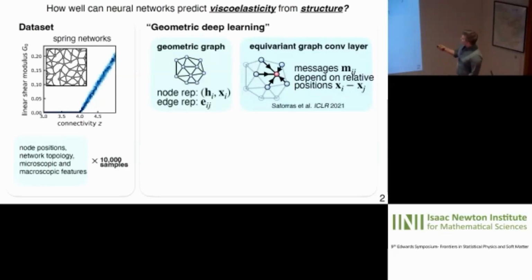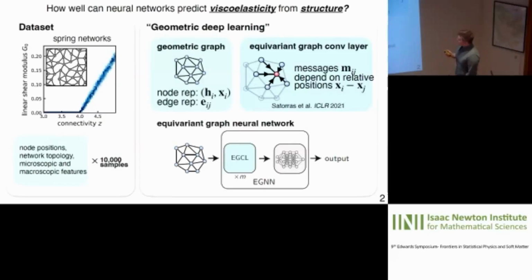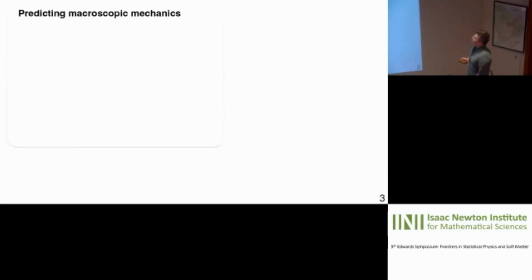And this EGCL equivariant graph convolutional network architecture does this in a really simple way. So what we refer to as a graph neural network then is a bunch of these convolutional networks stacked with an MLP afterward that we then use to predict our output. So network, GNN, feed the network into the GNN, and we get some output.